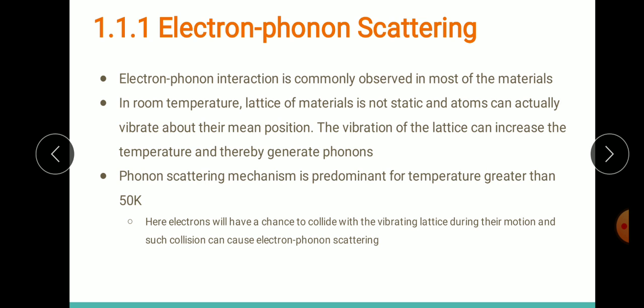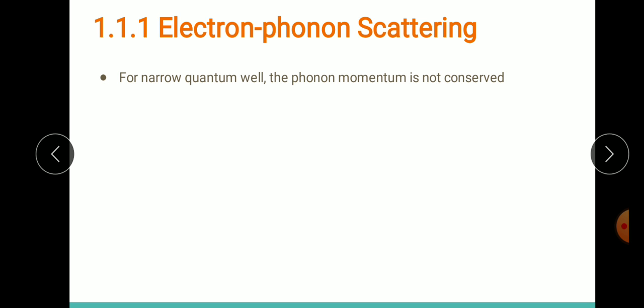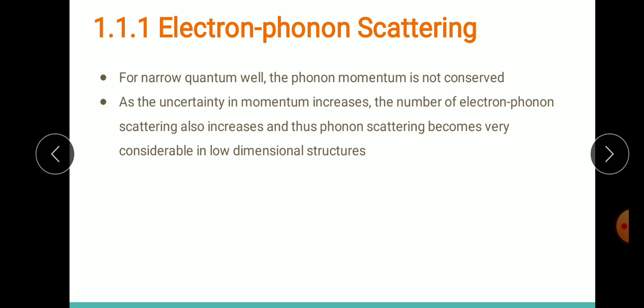Okay. So the electron-phonon scattering mechanism we can observe when your temperature is greater than 50 Kelvin. Now, in the case of narrow quantum wells, when the width of your quantum well is too small, the phonon momentum may not be conserved, and as a result, there is an uncertainty in the momentum, and the number of electron-phonon scattering also increases.